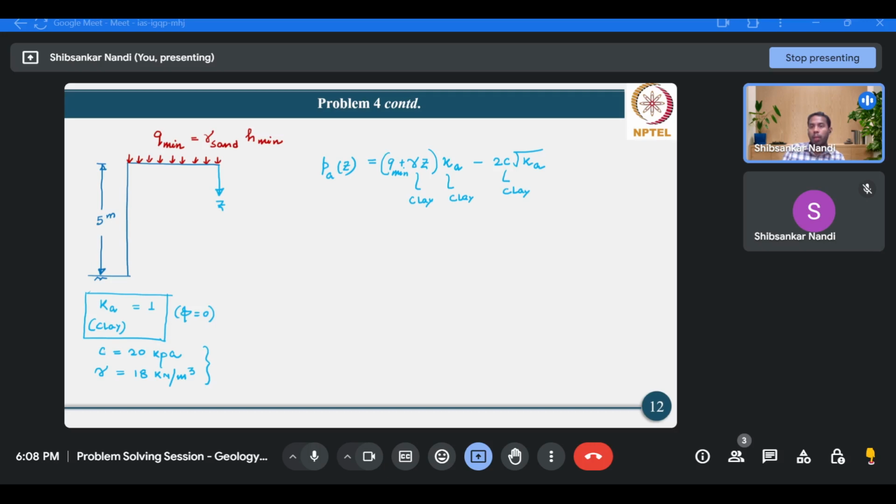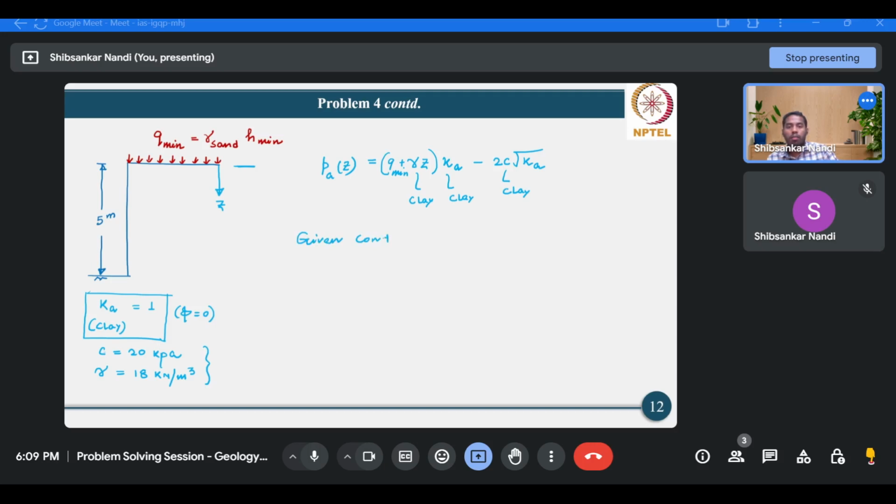The active earth pressure variation can start from a value of 0.